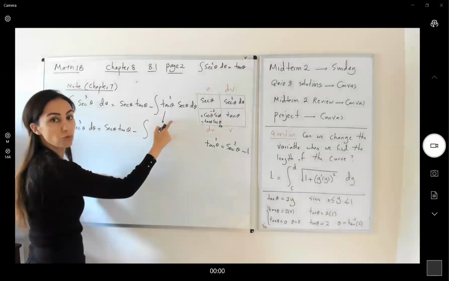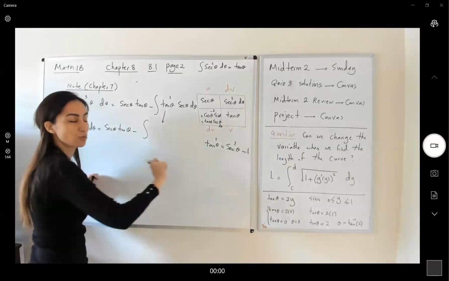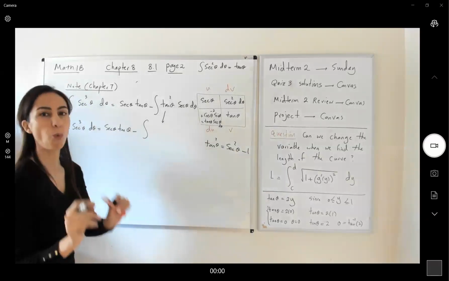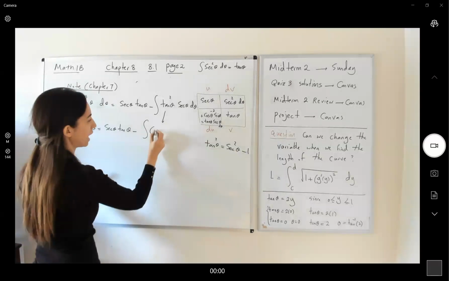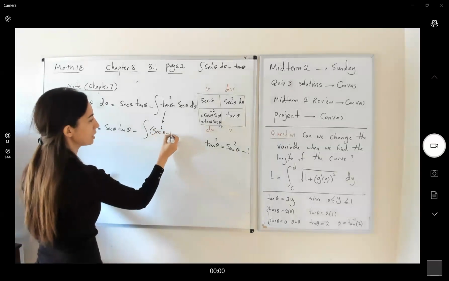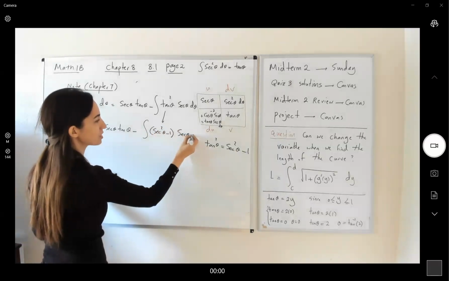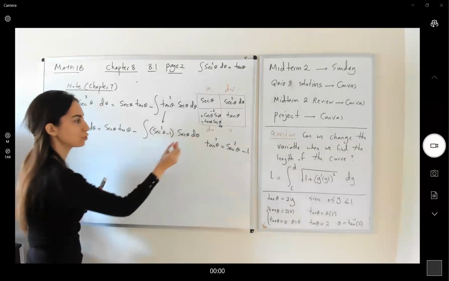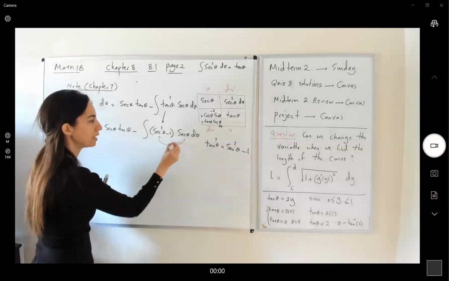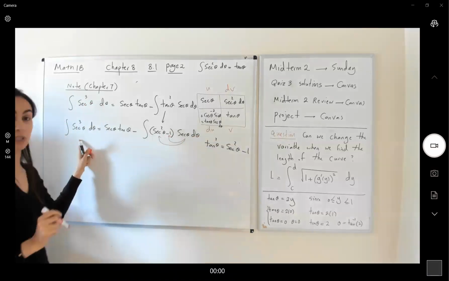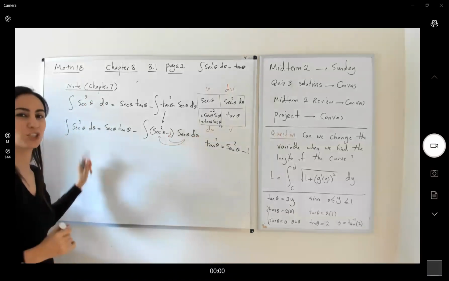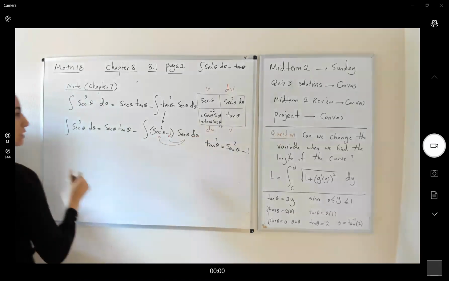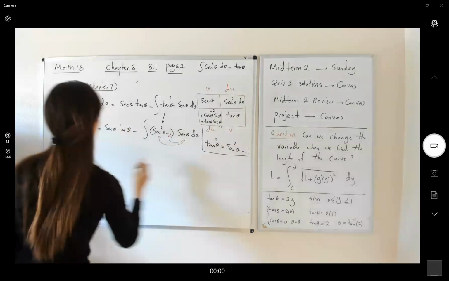Instead of tangent squared, I'm going to write secant squared minus 1 and create secant cube one more time. So I have secant squared theta minus 1 times secant theta d theta. Now I'm going to distribute secant into the parentheses to create the integral of secant cube again on the right-hand side.